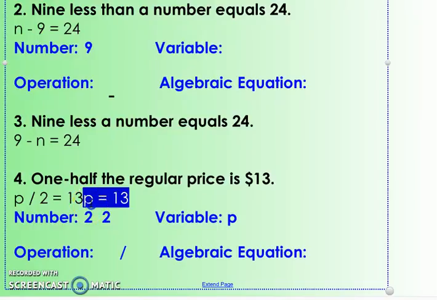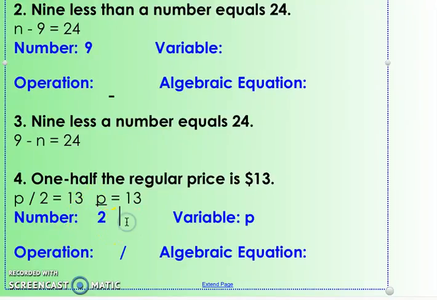So either way, I'm okay with you writing it. And I know it's kind of hard to see because I'm trying to write this. So P divided by 2 equals 13, or P with a slash divided by 2 equals 13.